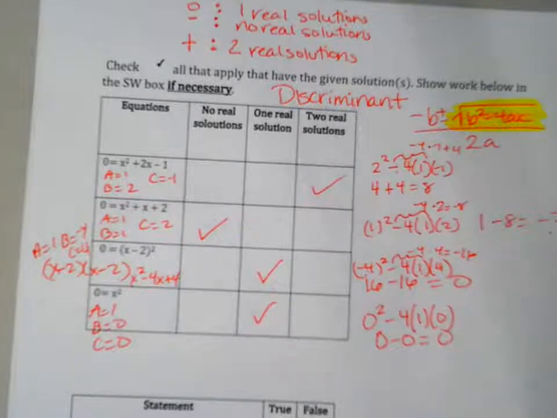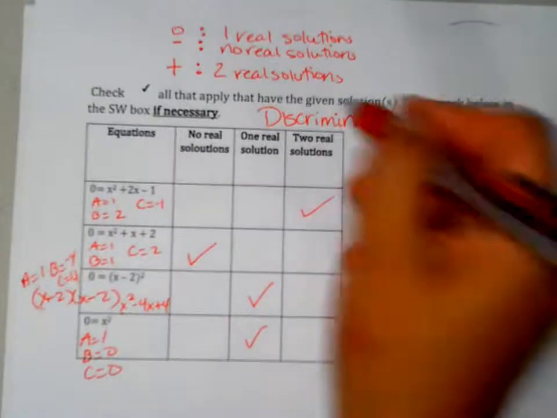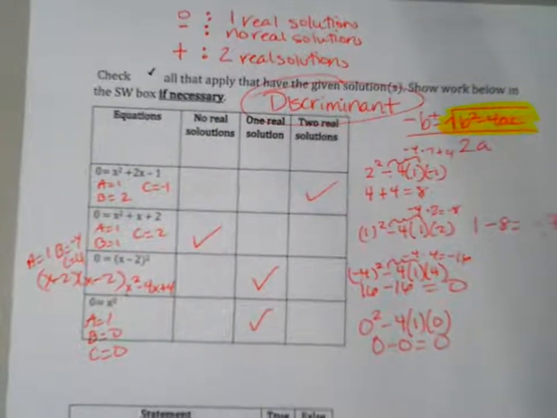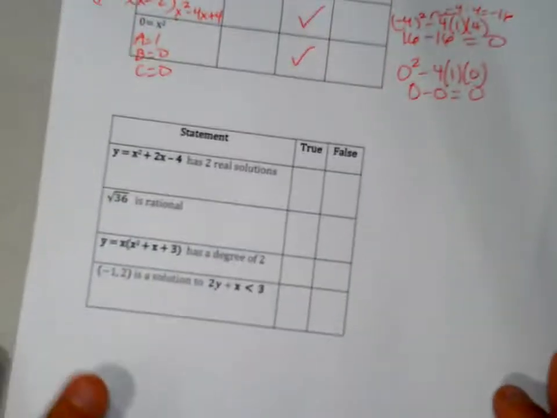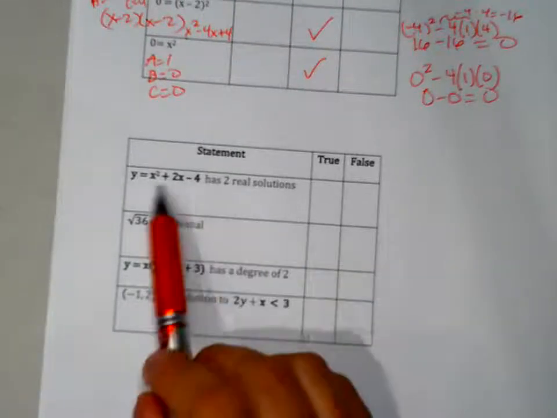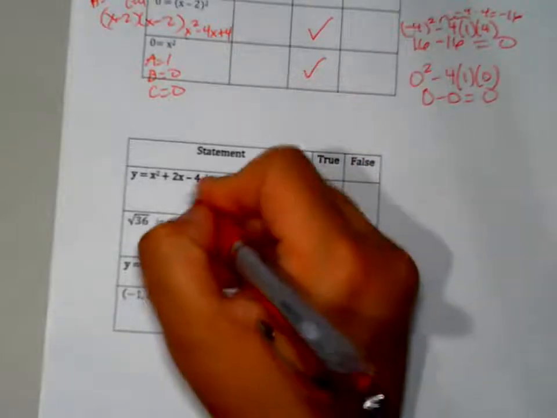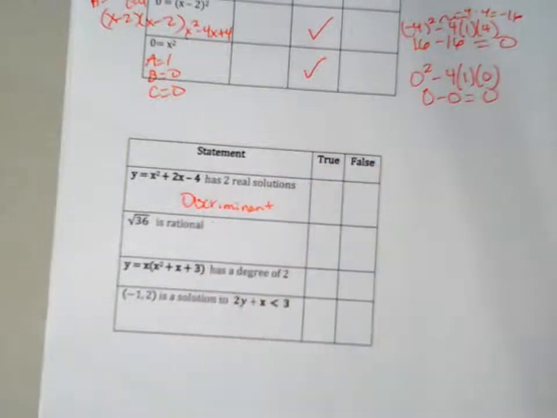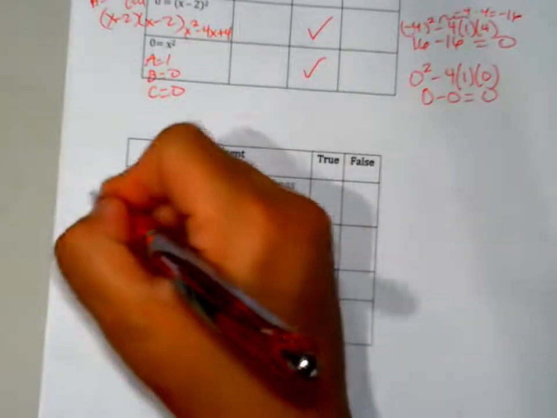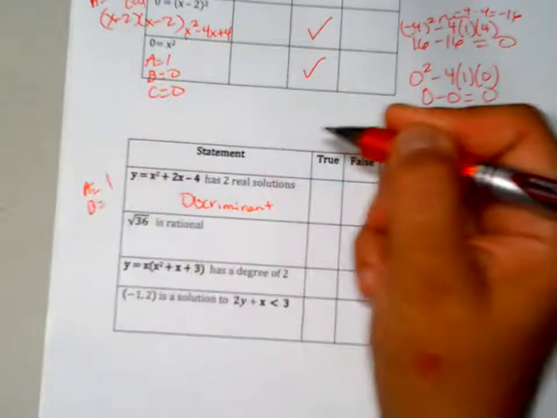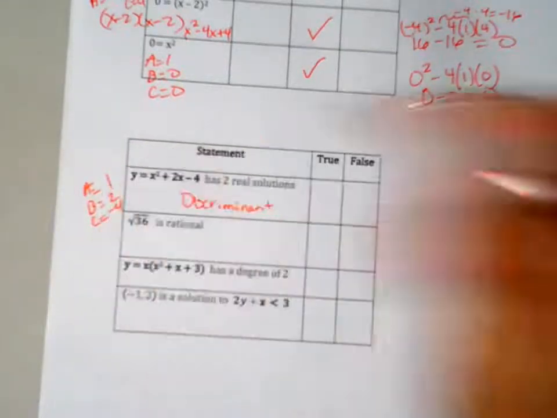So again, all of that is discriminant. Down here, a little bit of true and false, a little bit of review. This one has two real solutions. We just did a bunch of those, so again, just looking for the discriminant. My A is equal to 1, B is equal to 2, C is equal to negative 4.